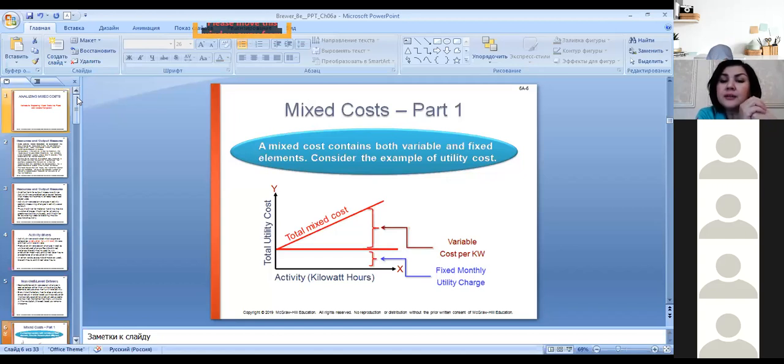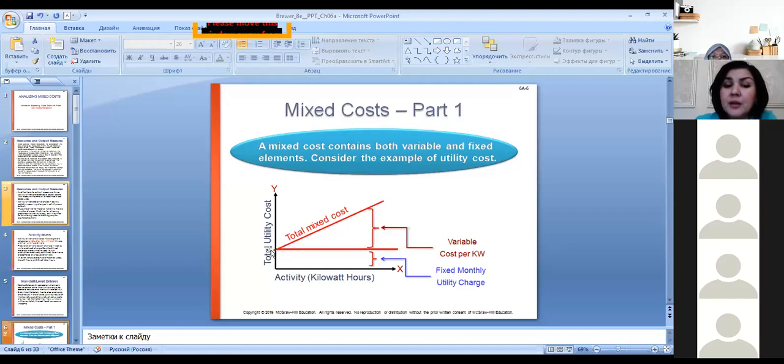Look at the example of utility cost. On the x-axis, we usually have activity level. If it's utility cost, let's say kilowatt hours is the activity level. On the y-axis, we have total utility cost.